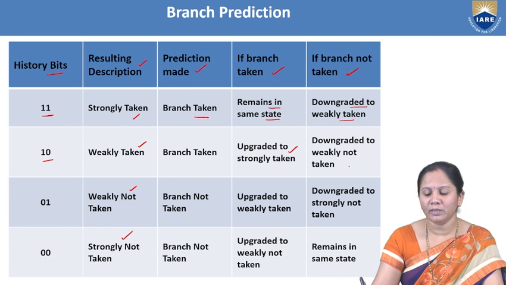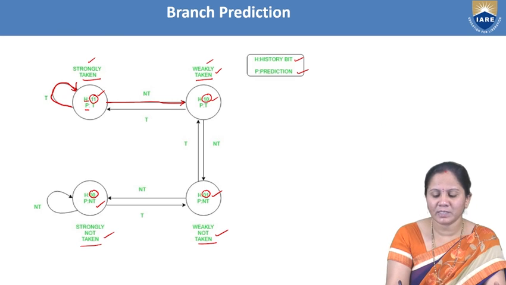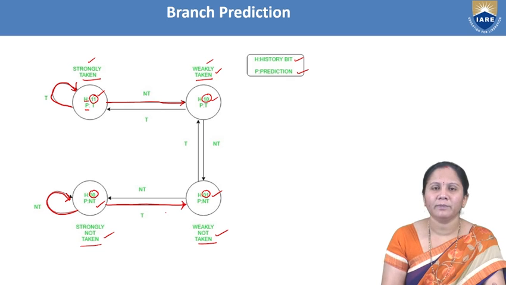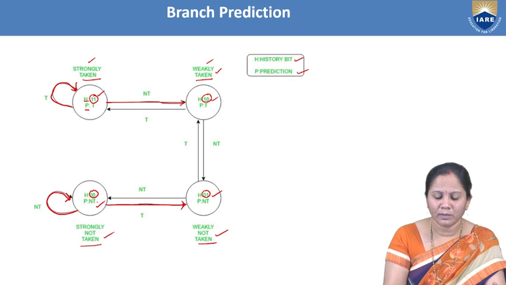If the branch is not taken, it downgrades to the weakly not taken state. So it is clearly represented whether it stays in the same state or moves to another state based on the branch being taken or not taken.